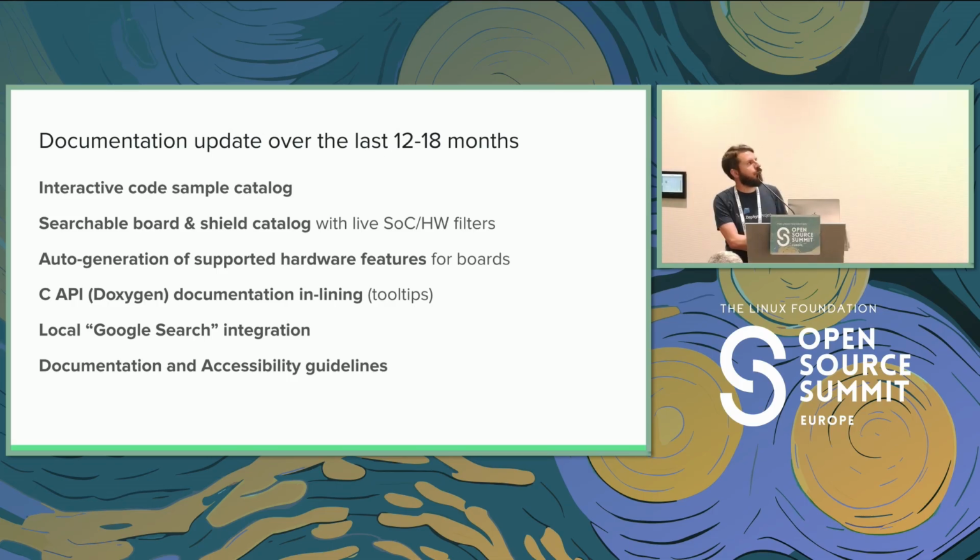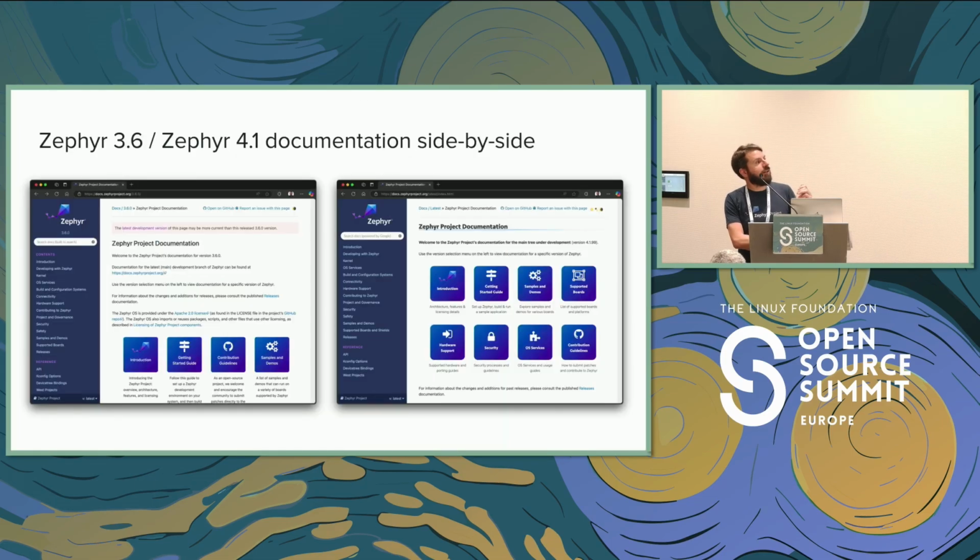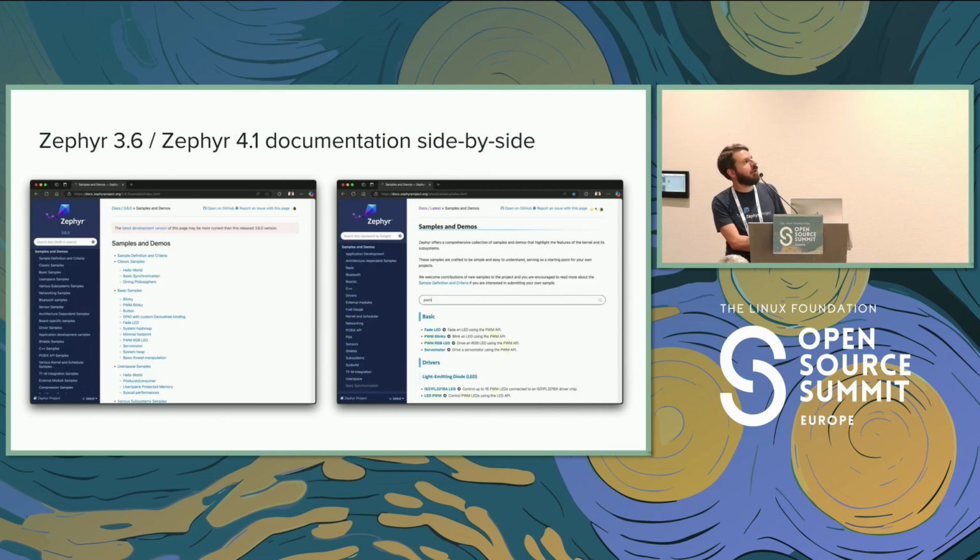All things board documentation, basically API, built-in search, more guidelines. One thing that I think is really interesting is looking at Zephyr documentation only a short year and a half ago and seeing how things have improved. The homepage, a little bit, but we will see that I think we can do much better there.